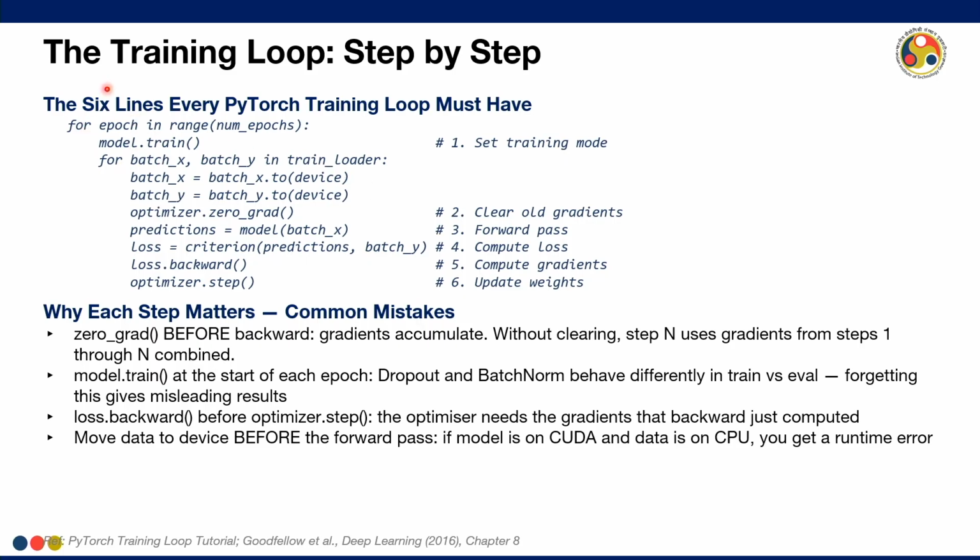In this slide you are seeing the training loop step by step. There are 6 important lines here, which define a clear training method. For each epoch, this is the epoch loop: after we run through all the data, we complete one epoch of training. We call train, which does the training, and this is my train loader which is loading the data.